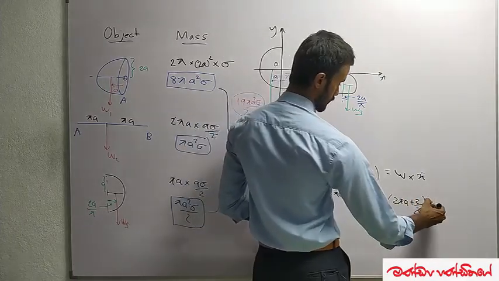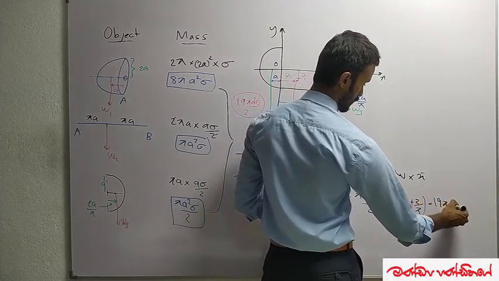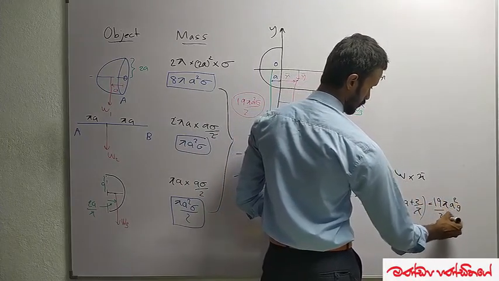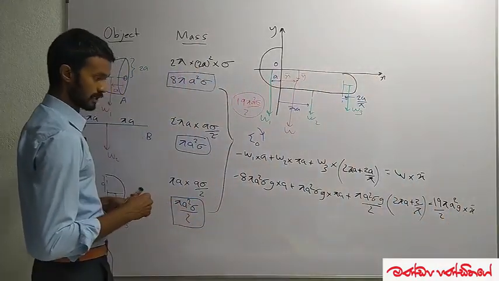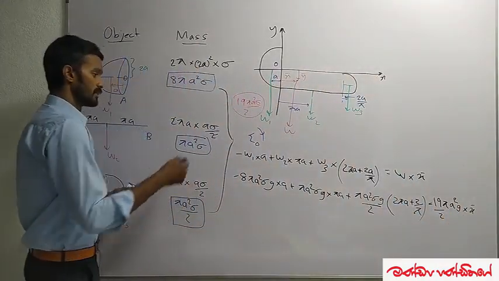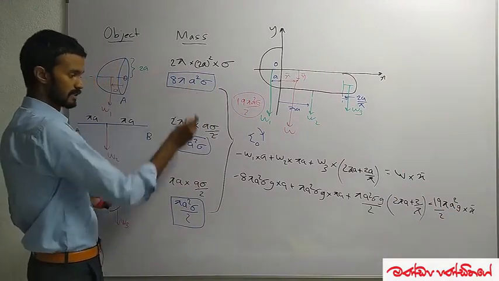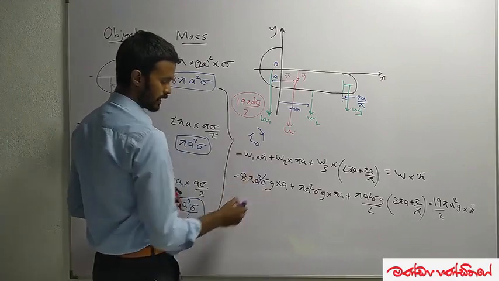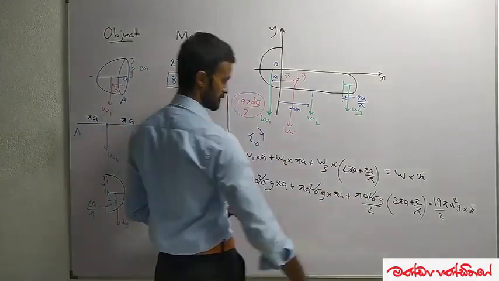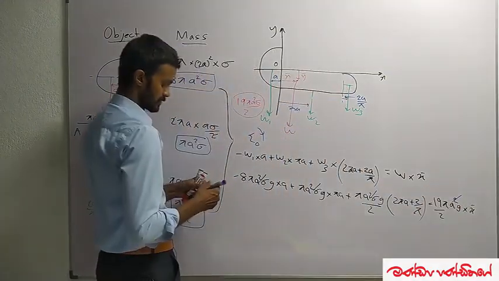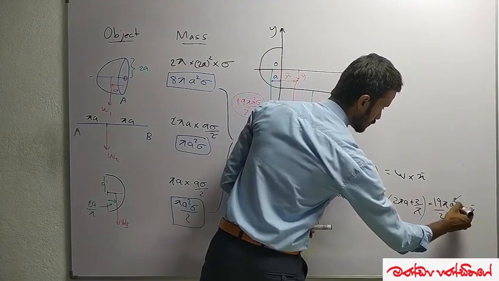And the total weight is 19 pi a squared sigma g over 2 into x bar. I get this equation. I told you why they have given the mass per unit length as a sigma over 2, because then we get a similar shape, so we can cut off pi a squared sigma g from every term.